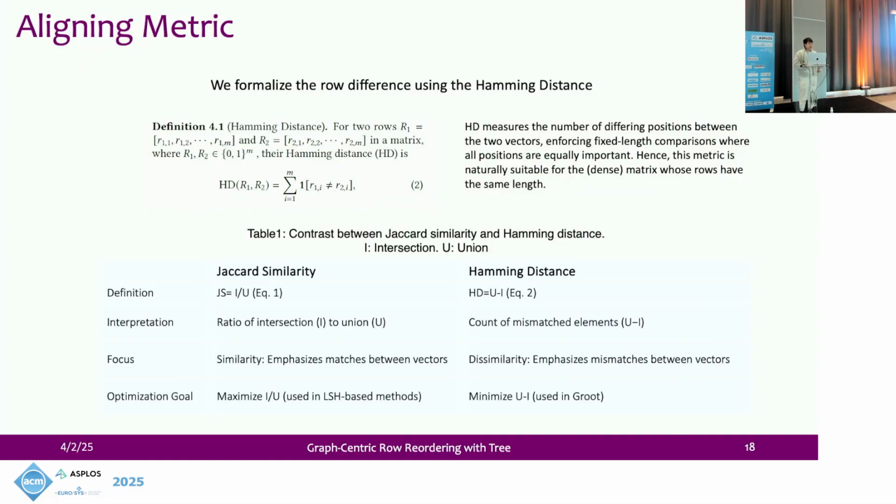So, to align the matrix, we formalize the row difference using the Hamming distance. Hamming distance essentially uses the union of the sets minus the intersection of the sets. It can be interpreted as the count of mismatched elements, and it emphasizes the difference between the 2 vectors.